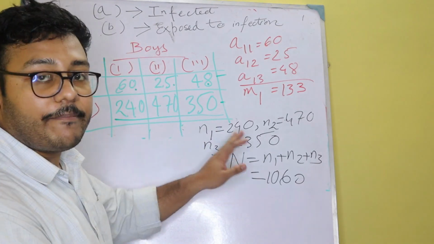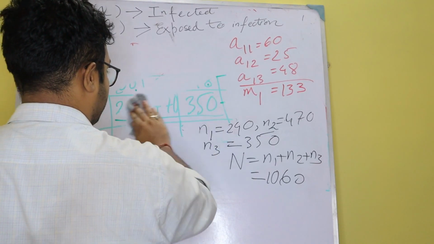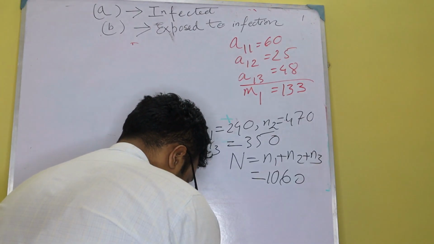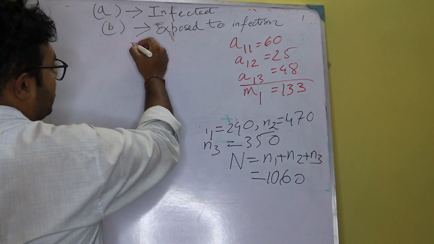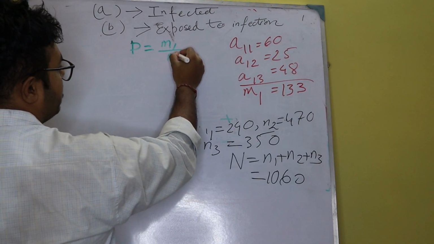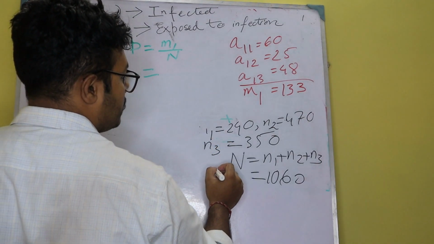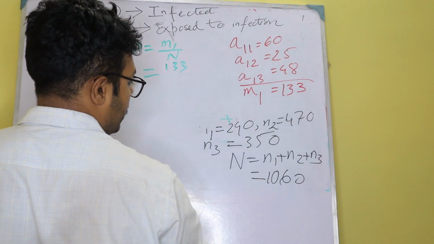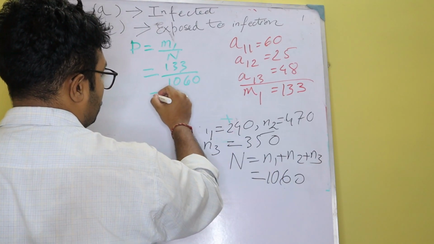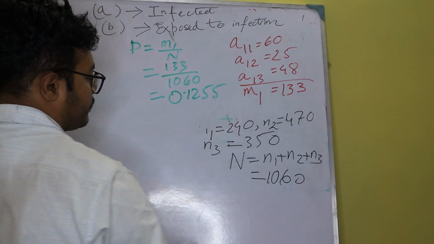Now I hope it's clear up till this part. I will remove this. Now what is P here? P is equal to M1 by N. It is 133 by N, which is 1060, which is 0.1255.